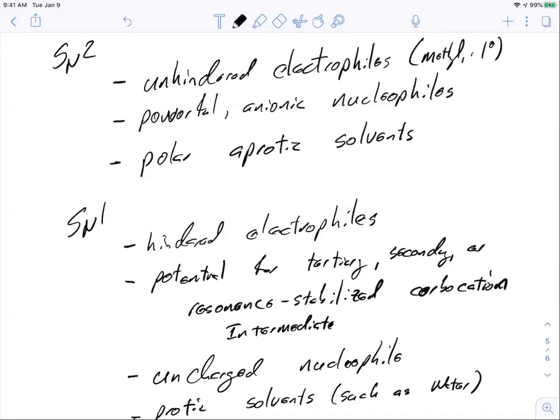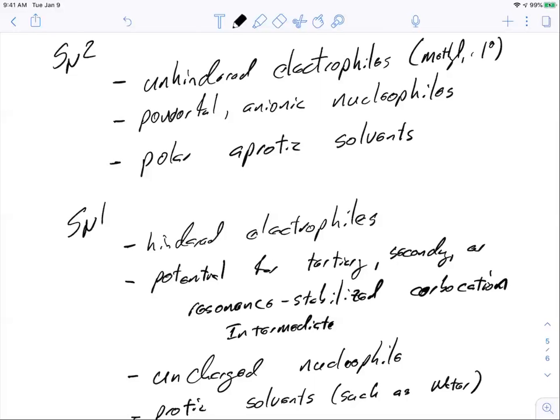Because they have two different stereochemistries. And then go through that list of things. Start with your substrate, go to your nucleophile, go to your leaving group, look at your solvent if there is one provided, and look at any other conditions if they're provided. Usually temperature is the other condition. No temperature or low temperature, SN2; high temperature, SN1, right?